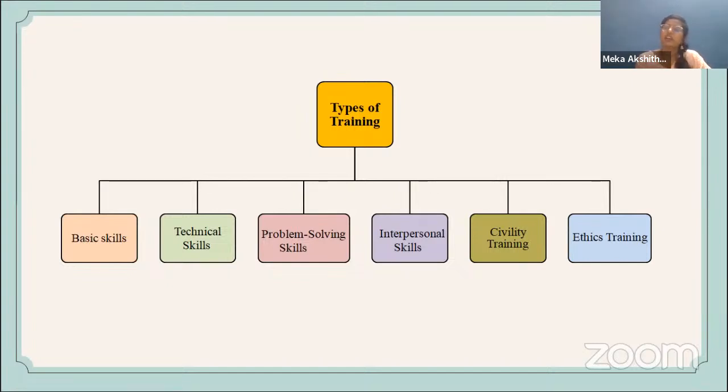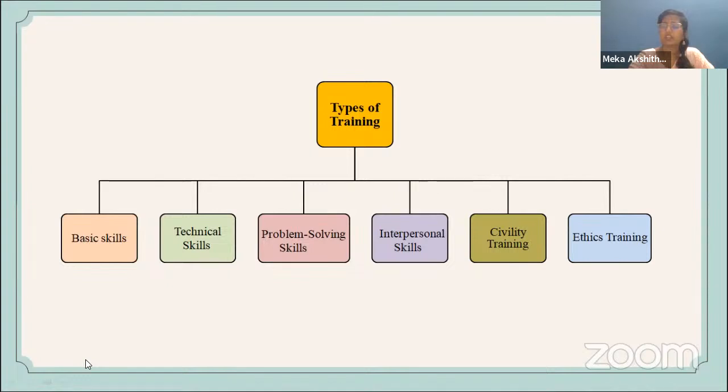So ethics training shows which way to follow, which path to follow, what moral values to hold. For example, genuineness, confidentiality, secrecy. Information should be maintained secretly. Whatever information regarding the organization, it should be kept confidential, right? All these would be given in ethics training.